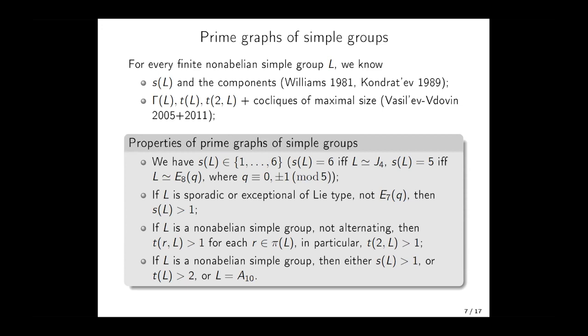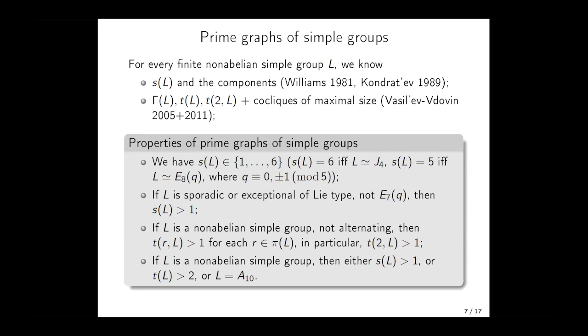If L is a non-abelian simple group that is not alternating, then for every vertex there is some vertex that is not connected to it. In particular, the two-independence number is greater than 1.